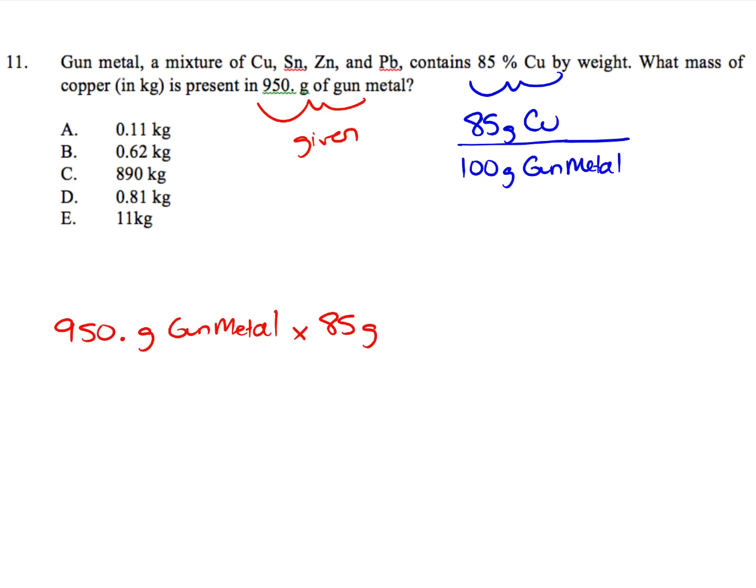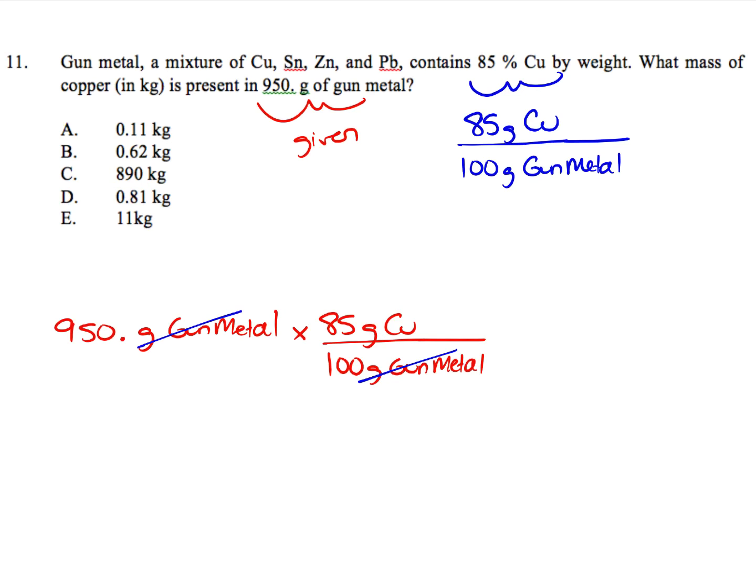So there's 85 grams of copper present in every 100 grams of gunmetal. The 100 part is taken to be exact, the 85 is measured.